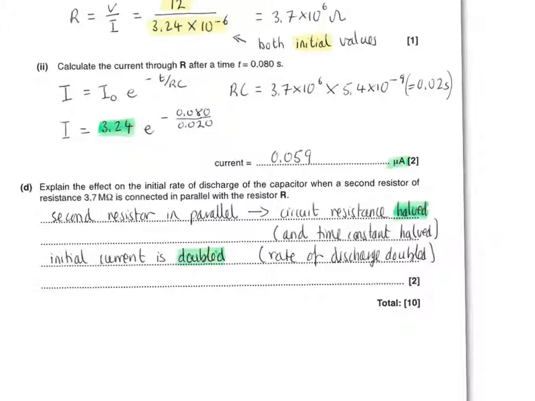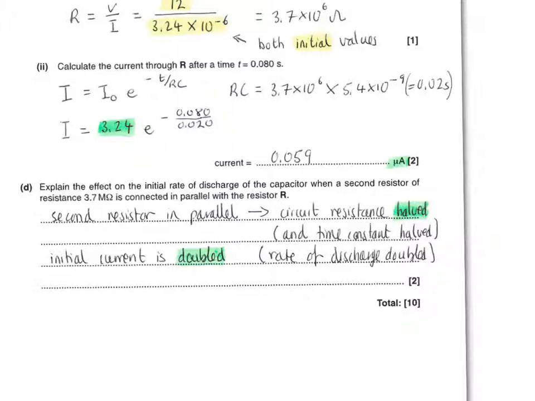Well, that is going to halve the circuit resistance. There are two pathways for current to flow, so it's easier, and the resistance is halved. Now, since the time constant is the resistance times the capacitance, halving R would also halve the time constant, and that would be an alternative answer.